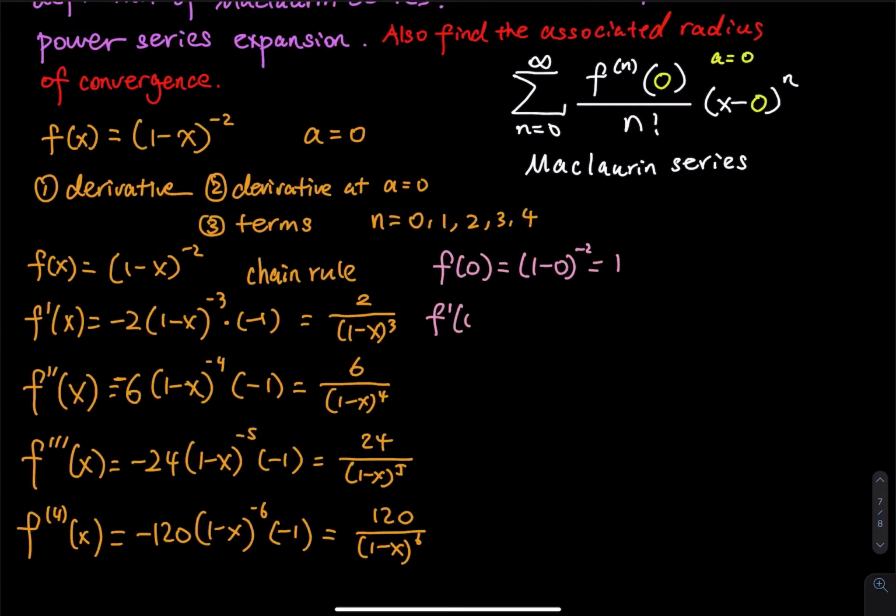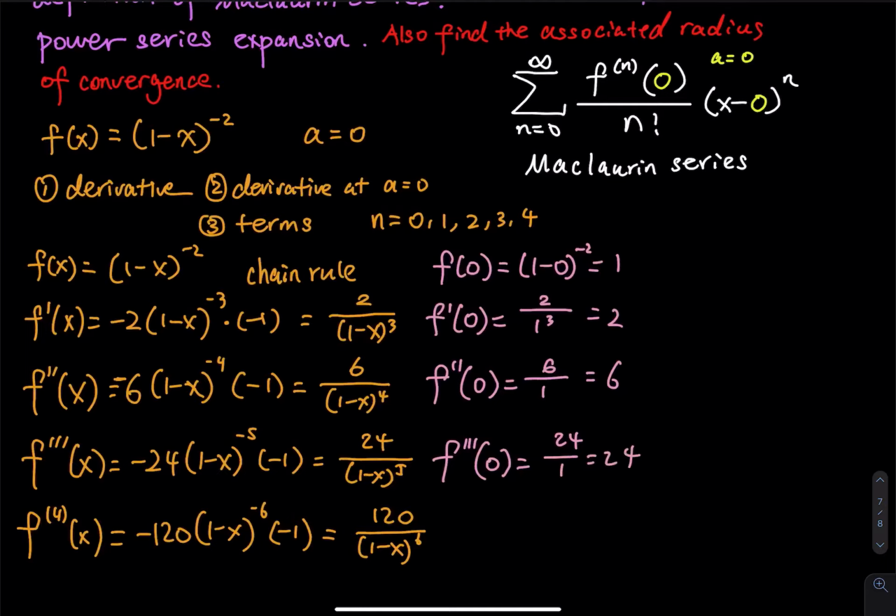And then f prime at 0 is 2 divided by 1 to the third, so that is a 2. Double prime is 6 divided by 1. Let's take a look at how convenient that is. Triple prime is 24 divided by 1 raised to the 5th, which is 24. And then the 4th derivative at 0 is 120 divided by 1 minus 0 to the 6th, which is 1, so you get 120.